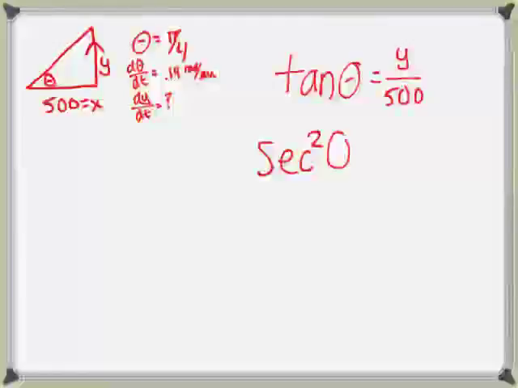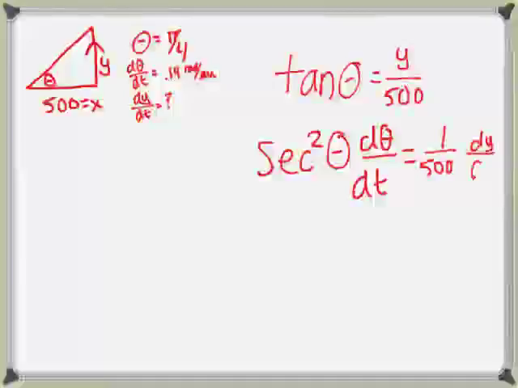So secant squared theta d theta dt is the derivative of the left side. On the right side, we can think of that as 1 over 500 times y. So what's the derivative of that side going to be? 1 over 500 times dy dt. So the constant just hangs out, and then we need the derivative of y in terms of time, so dy dt.